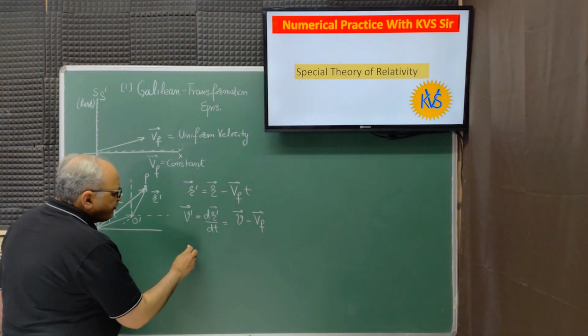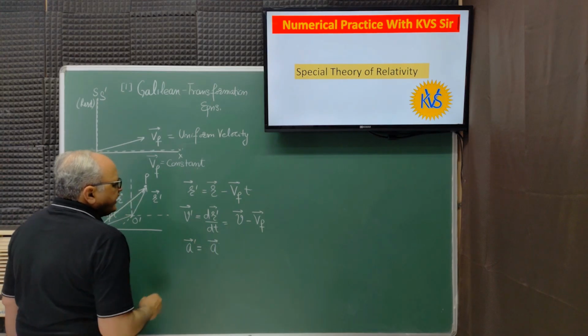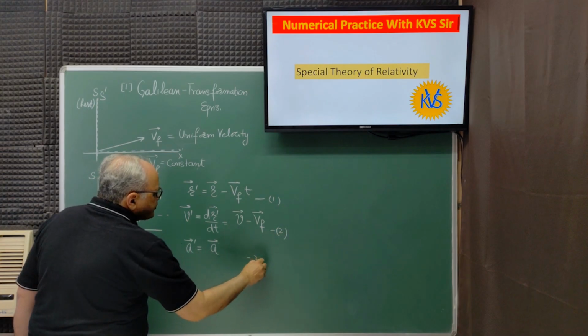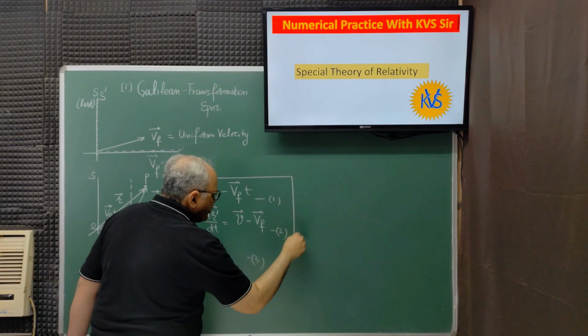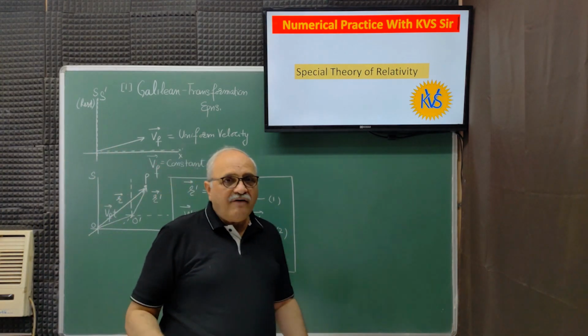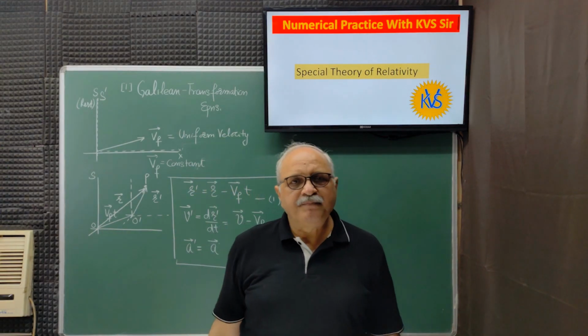Now if you further go for the acceleration of the particle, this comes out to be A dash. So equation 1, equation 2 and equation 3, these are the three important transformation equations for the motion of the particle when you have to move from a stationary frame to a moving frame.